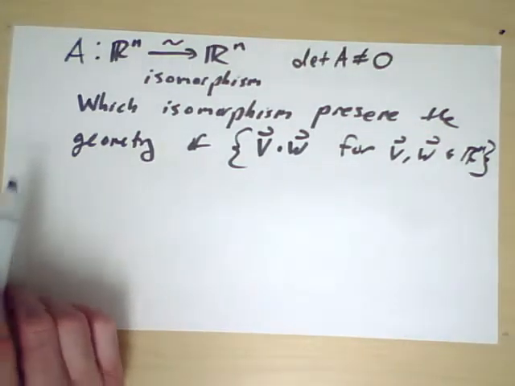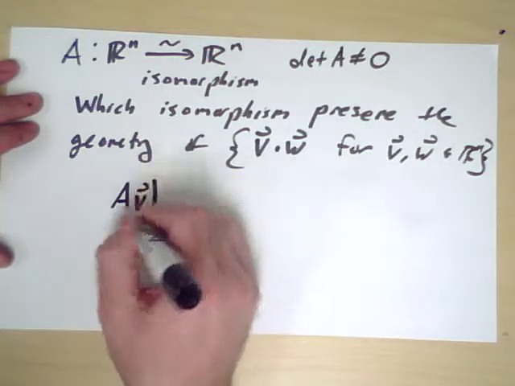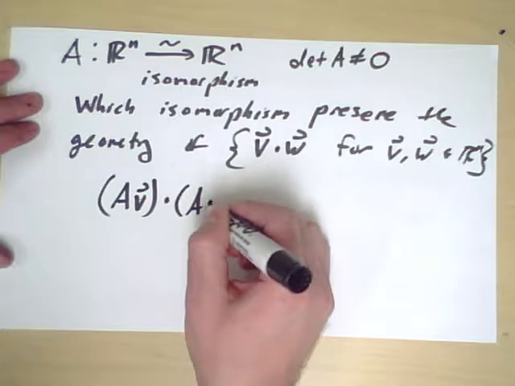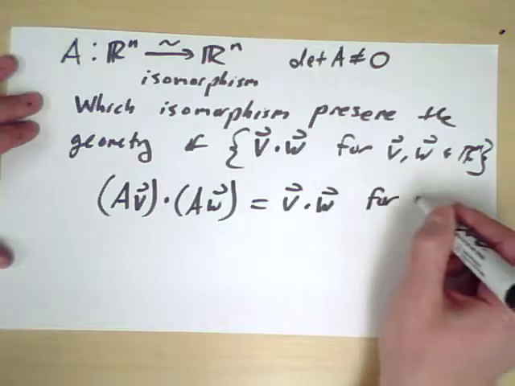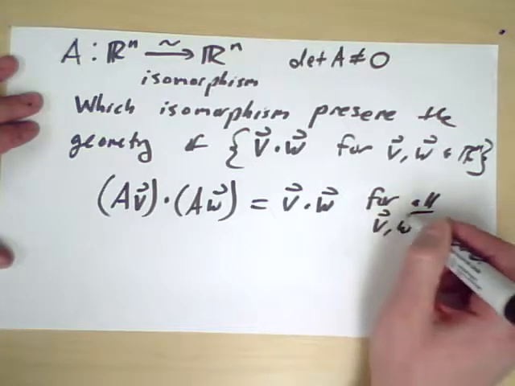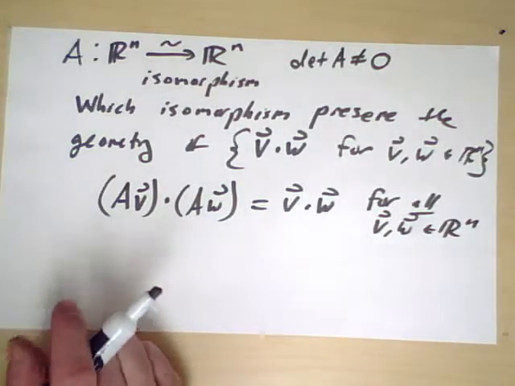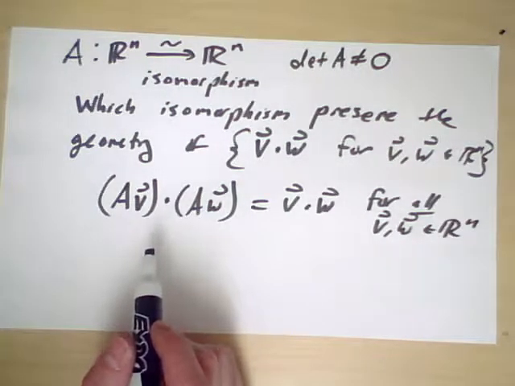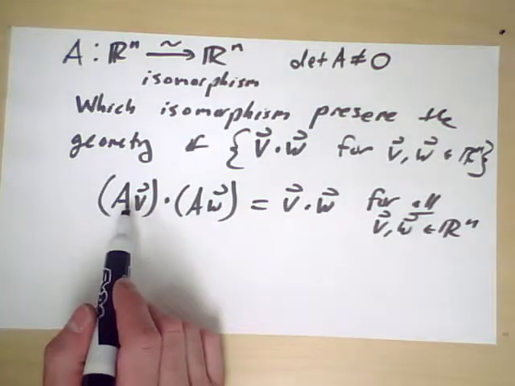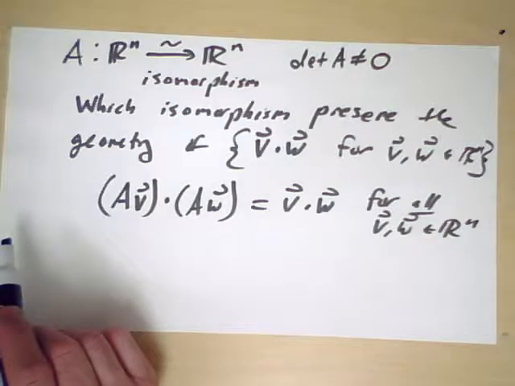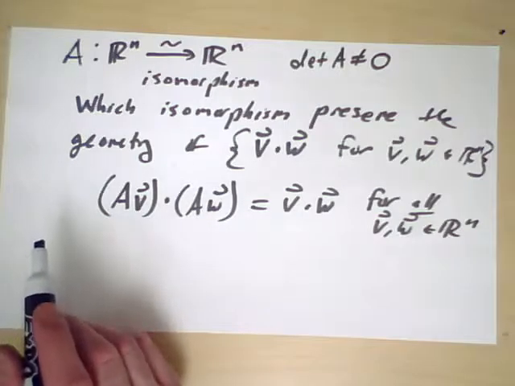After all, if the following holds, that AV dot AW is equal to V dot W for all V and W in the space, then we can reasonably say that A preserves the geometry induced by the dot product. It preserves both our notion of length, because the length of V will match the length of AV, and it preserves the notion of angle, because the angle between V and W will match the angle from AV to AW.